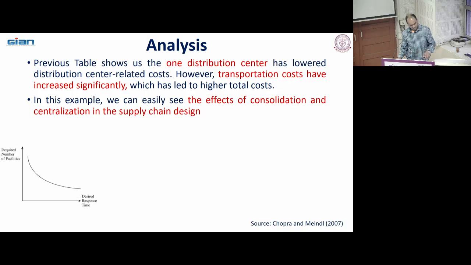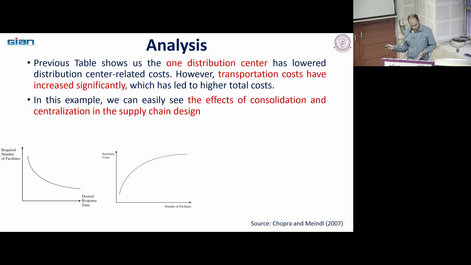So here you can see the trade off between responsiveness and facility cost and efficiency. On the x axis we have response time. If you want more responsiveness, what do you need? Multiple facilities. So the more responsive you want to be, you need more facilities, which means more cost.